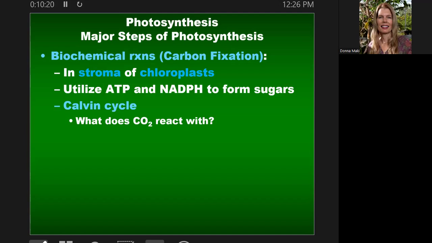Dr. Calvin said, well, let's back up a little bit. What if we think about a different way to get to the number 3? Maybe we could jump up to 6 and then divide it by 2, and that would give you 3. So they started looking for maybe a 5-carbon sugar, and if you add CO2 to it, then you get 6 carbons, and if you divide that by 2, you get 3.